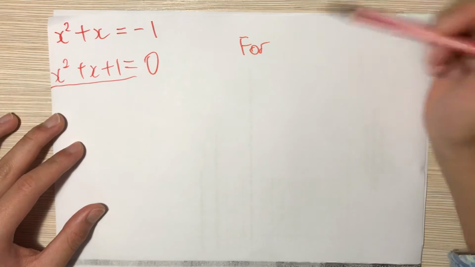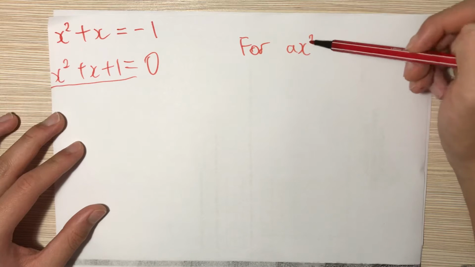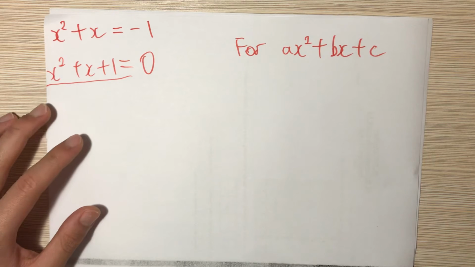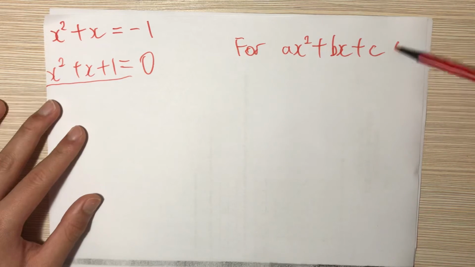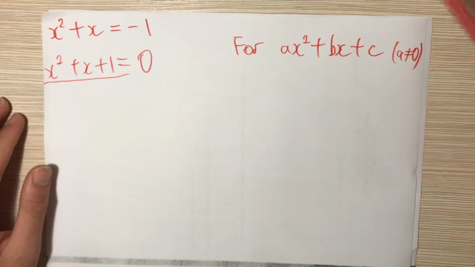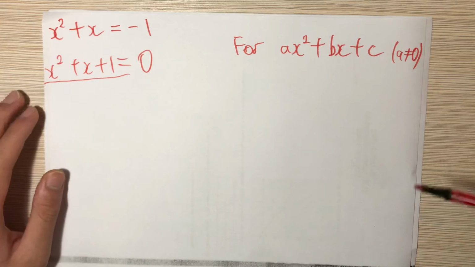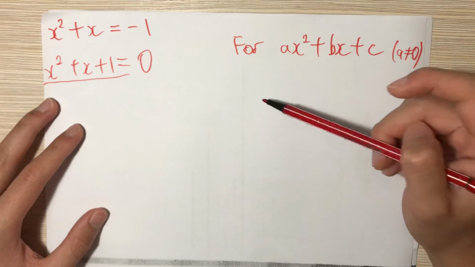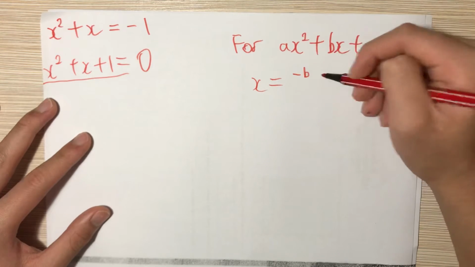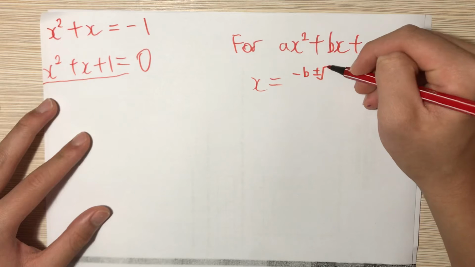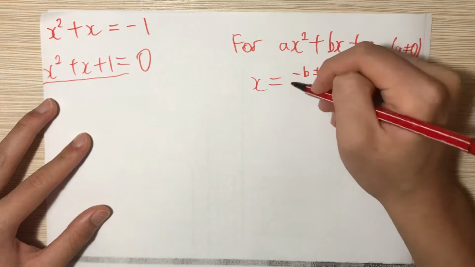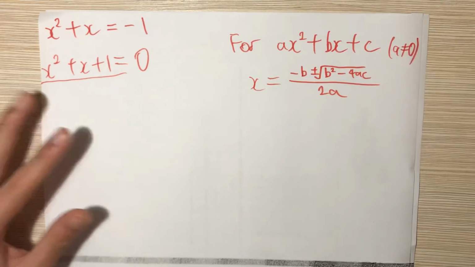All of it is about ax squared plus bx plus c, where a, b, c are constants and a is not equal to 0. So we must have an x squared term. And then we will get this: x is equal to negative b plus or minus the square root of b squared minus 4ac, over 2a.